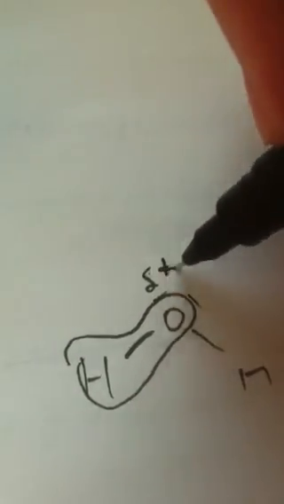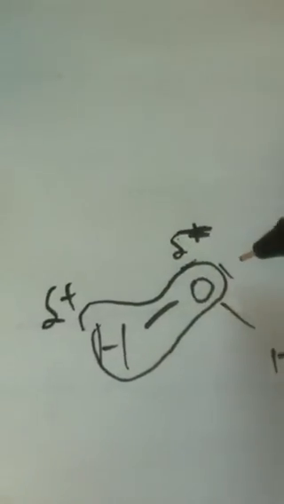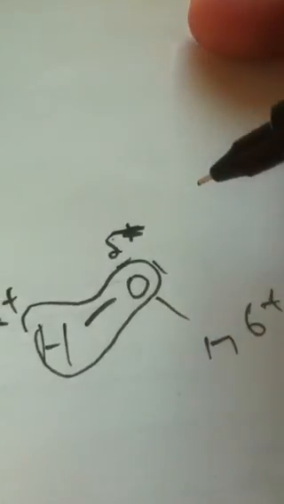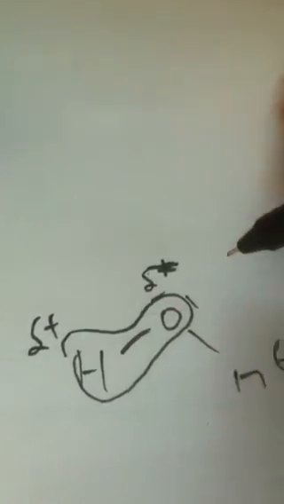So this will become really negative, and this will become really positive. What that implies is that this will be like a naked proton. And this will have a lot of electrons over it because of the non-bonding pairs as well. Combined with the bond polarity, it's a multiplicative effect.